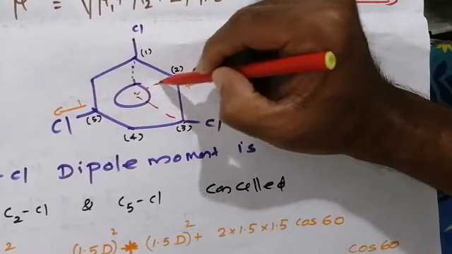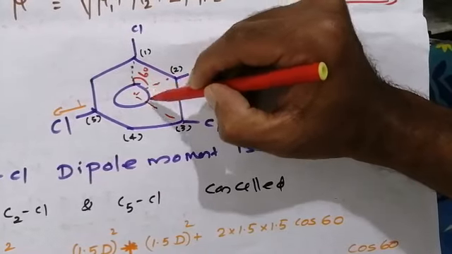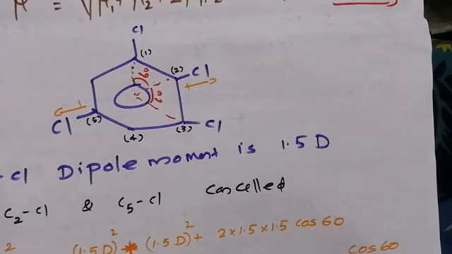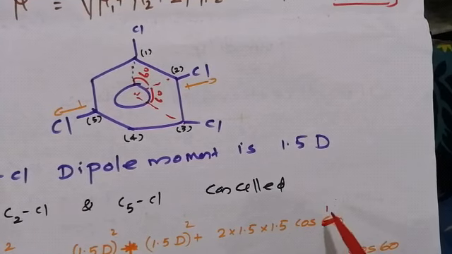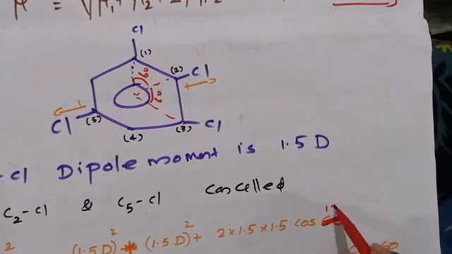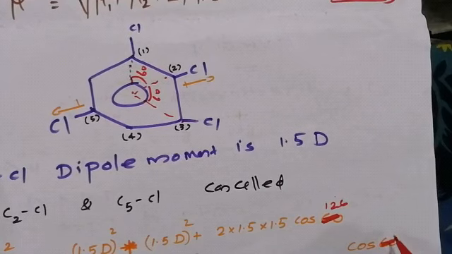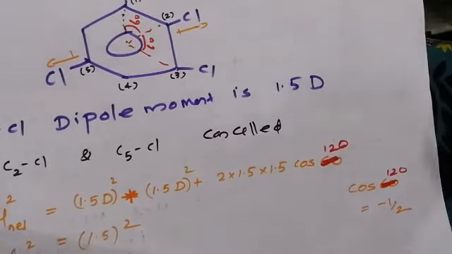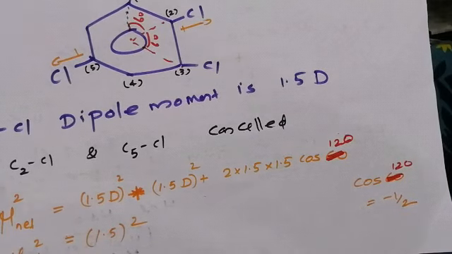This is 60, therefore this is also 60, total 120. Therefore their angle is 120, and cos 120 is equal to minus 1 by 2.